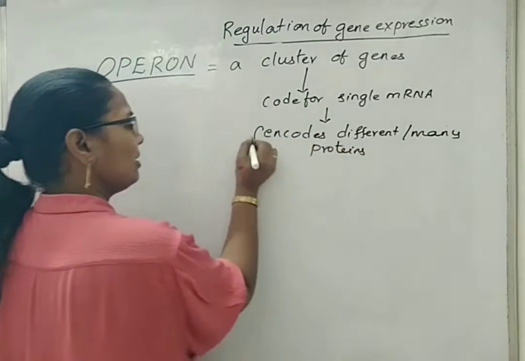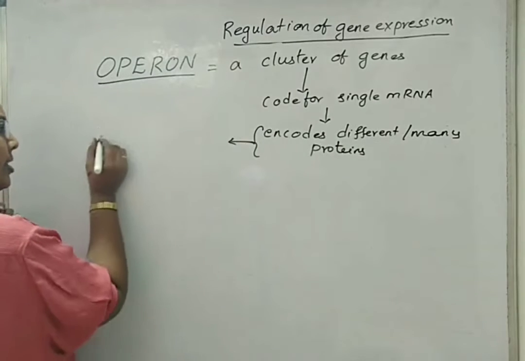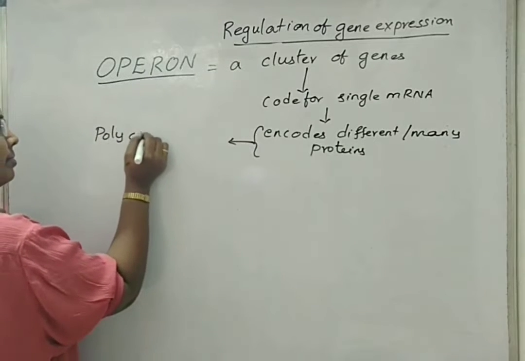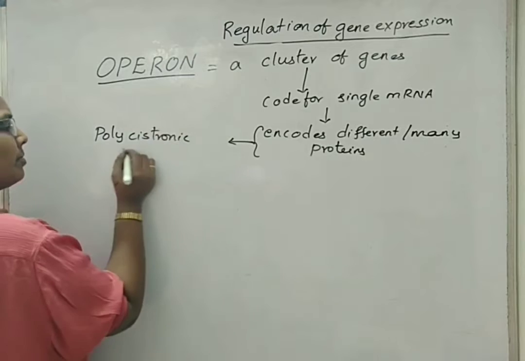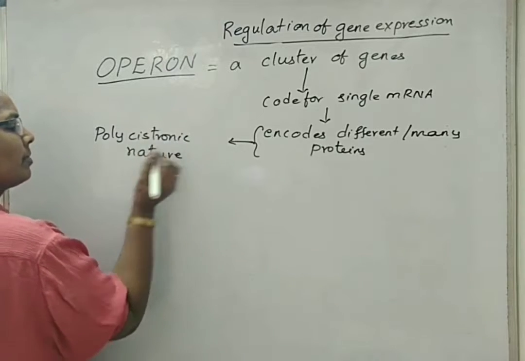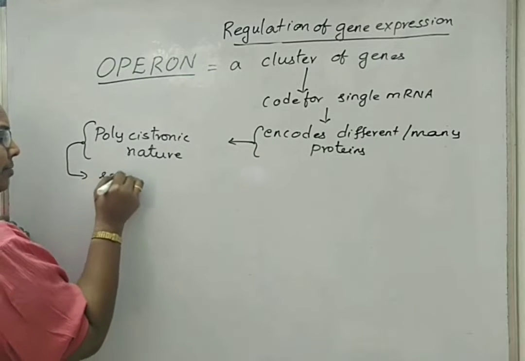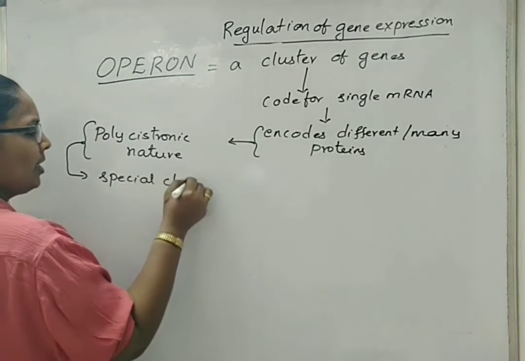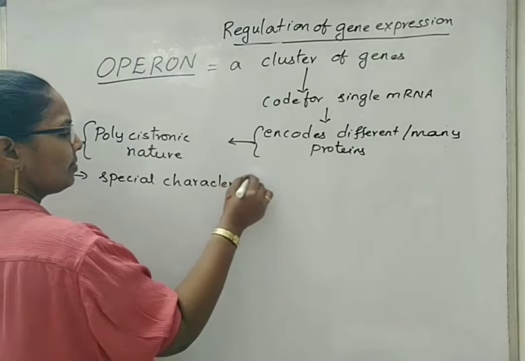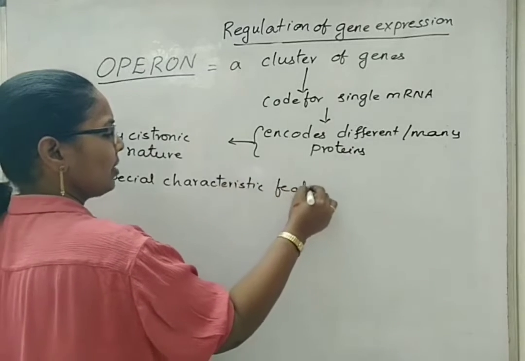This condition is called polycistronic nature. This is a special characteristic feature of prokaryotes.